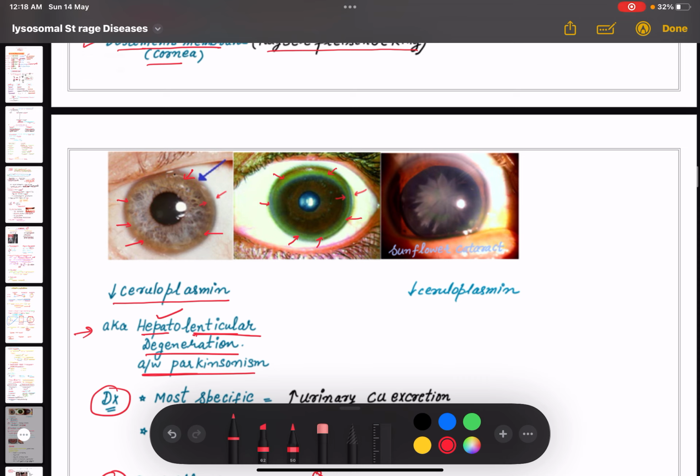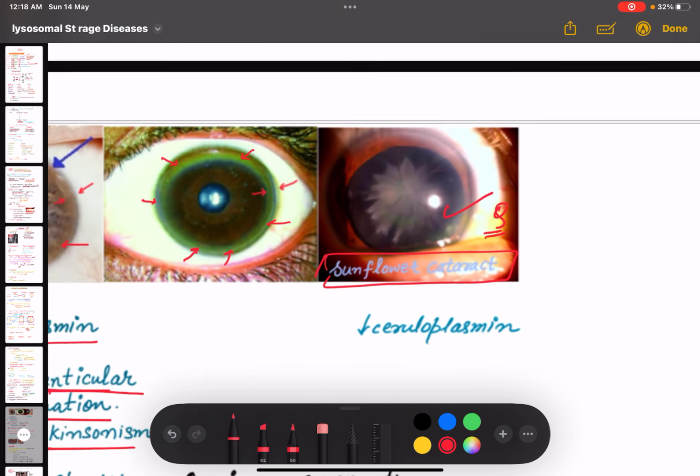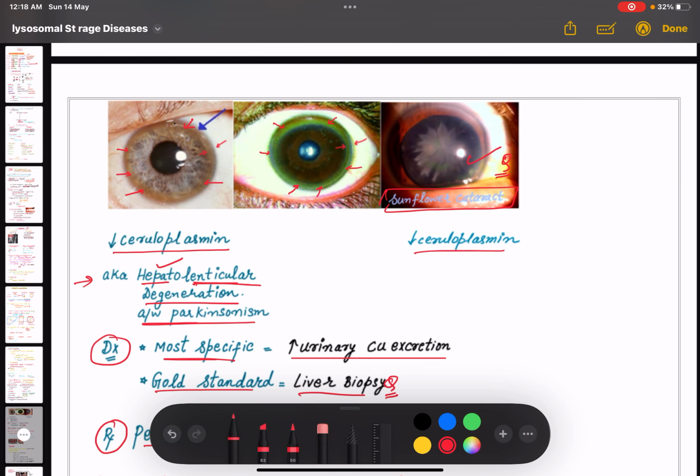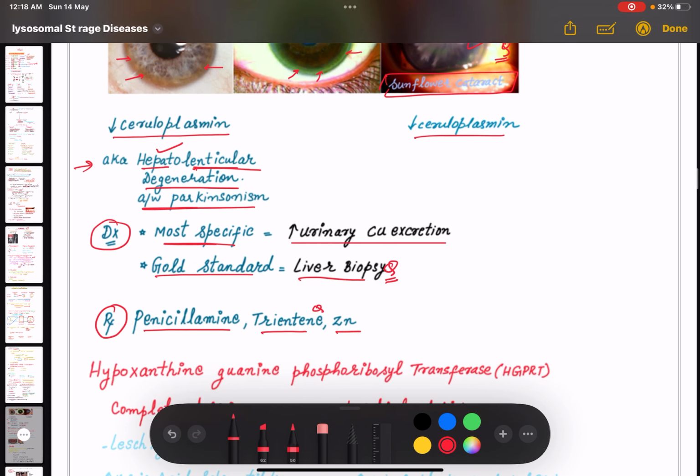Also remember, in Wilson's disease you will have sunflower cataract. Also remember, in both Wilson's disease and Menkes disease, the ceruloplasmin will be decreased.